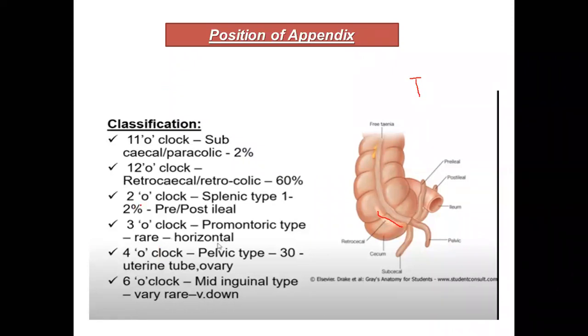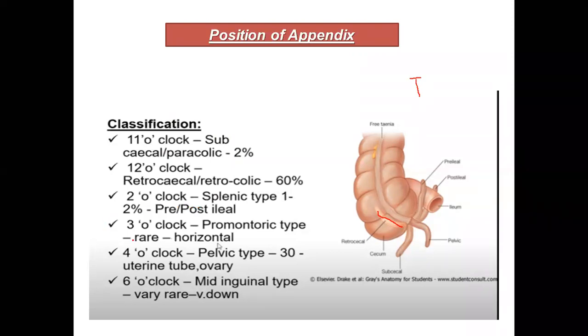We have the 11 o'clock or subcecal position, which is 2%. We have the 12 o'clock position, the most common one. Another name for it is retrocecal or retrocolic. Then we have the 2 o'clock position, which is pre-ileal, or it can be post-ileal as well.